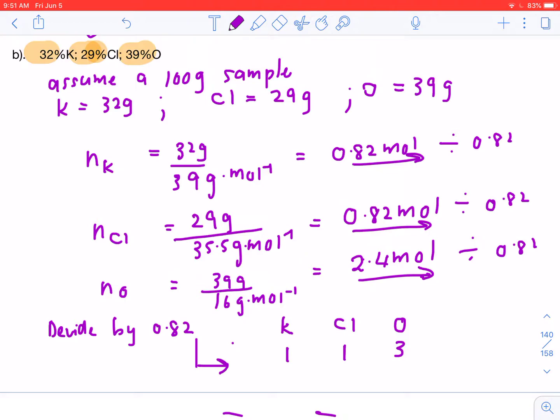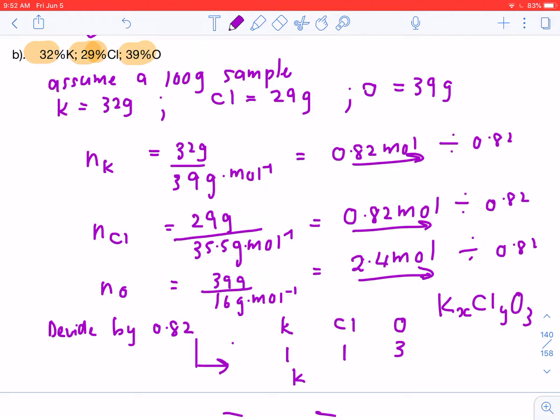Which means, what does my formula become? My formula becomes K, x, Cl, y, O, z.